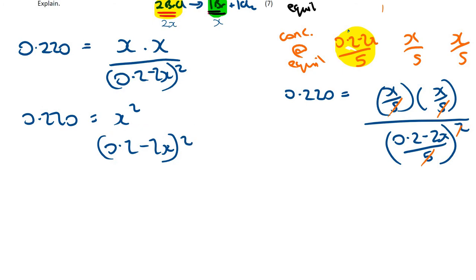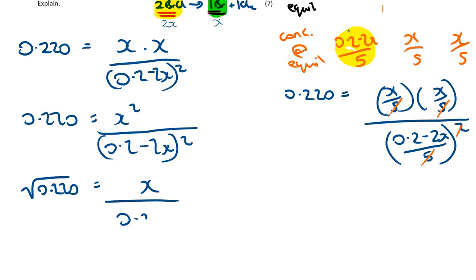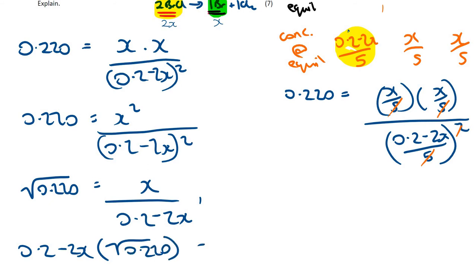But I've got a number on the left of that equation, and I've got a perfect square on the right. So I can literally just take the square root of both sides there. Root 0.220 is equal to x over 0.2 minus 2x. That negates the use of a quadratic equation and our extraneous root. So therefore, 0.2 minus 2x times the square root of 0.220 is equal to x.